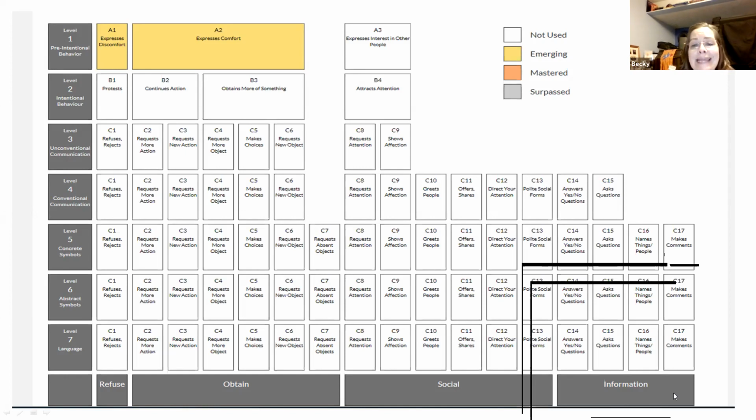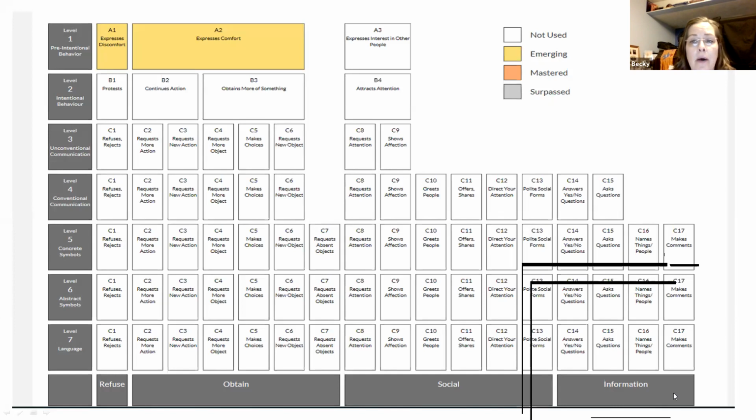And I'm not saying that we shouldn't introduce symbols and objects as representation earlier, because that's what we do as teachers, right? But we want to understand that until they reach this level on the communication matrix, they're not really ready to understand the concept that this object is representing an action or a movement or a location.